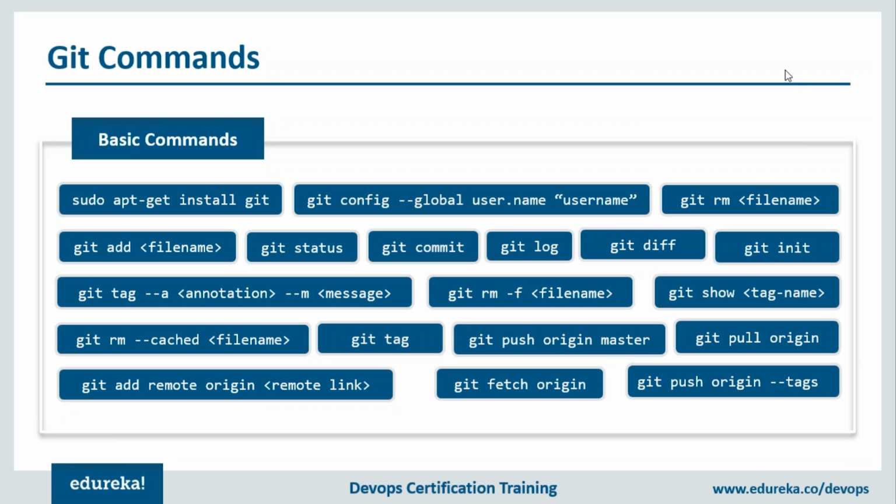Git remote add origin and the remote link is to link the local repository to the remote repository. Git fetch origin is to fetch all the files present in the remote repository to the local repository. Similarly, git push origin --tags is basically to push all the tags that we have made to the remote repository.